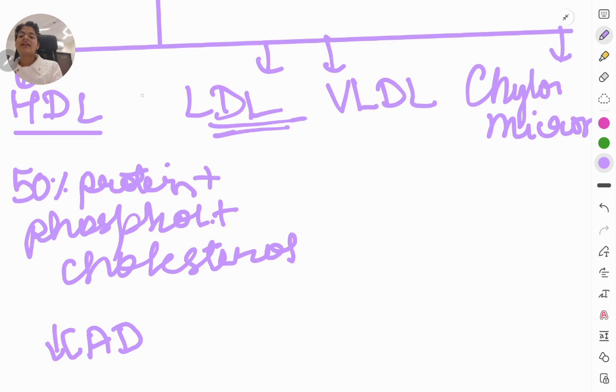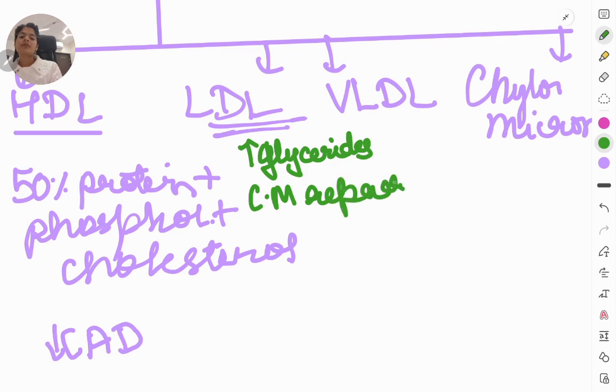Let's see LDL. It is having high triglycerides, and it helps in cell membrane repair, forming steroid, and also formation of bile.